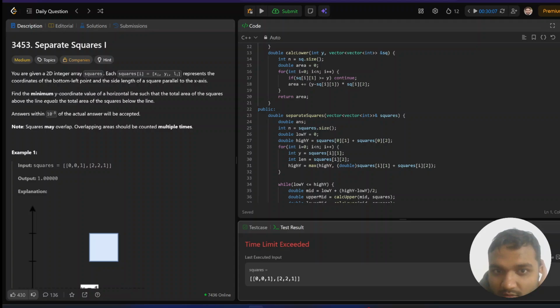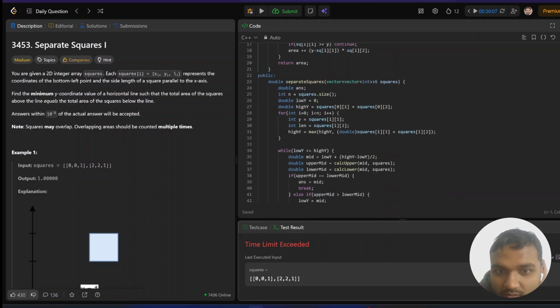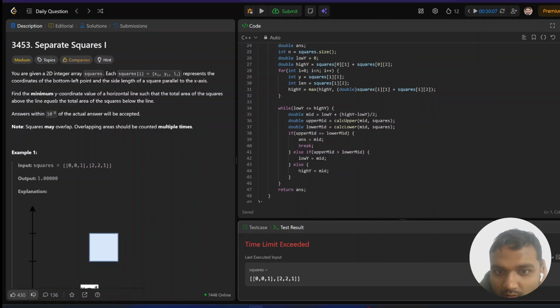That means this while loop. Where is the while loop? Got too much. Remove this.